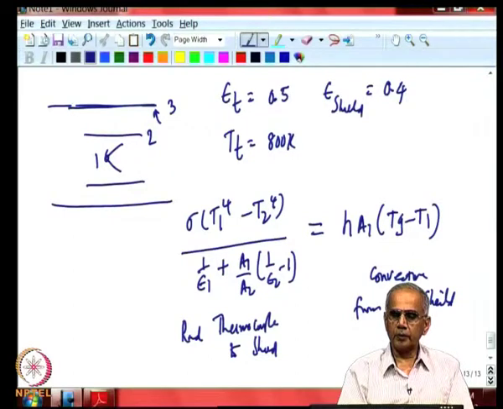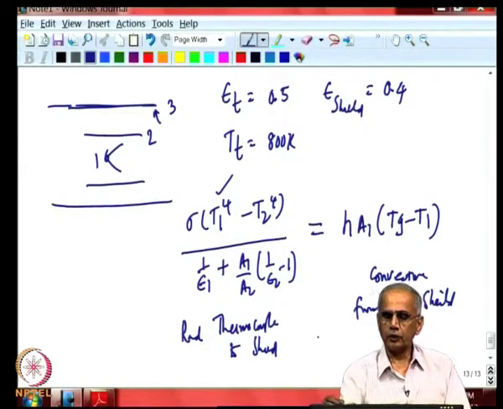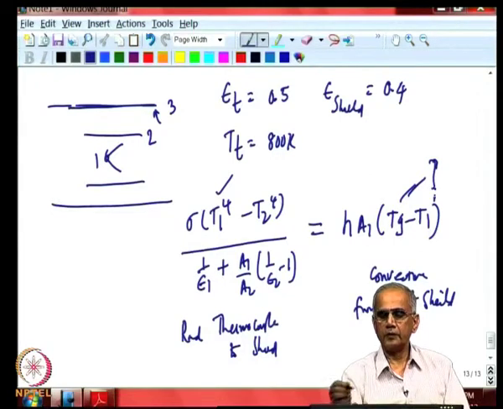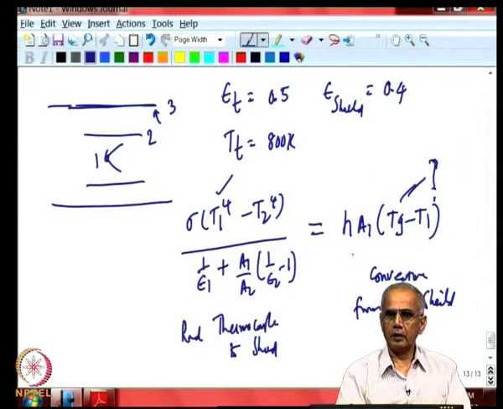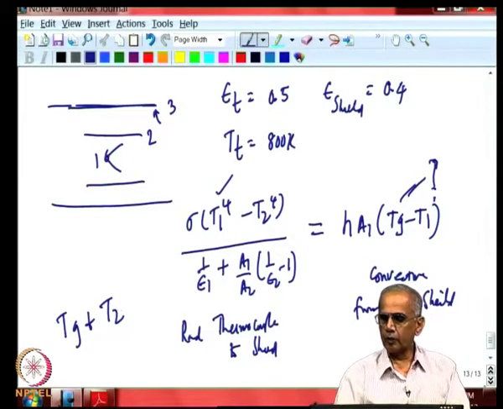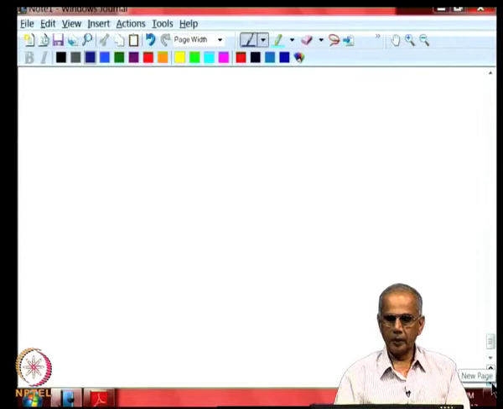We know the thermocouple temperature, which is taken as 800 K. We want to know the gas temperature given the measured temperature, and we do not know the shield temperature. So, there are two unknowns, Tg and T2. So, you write down one more energy balance.